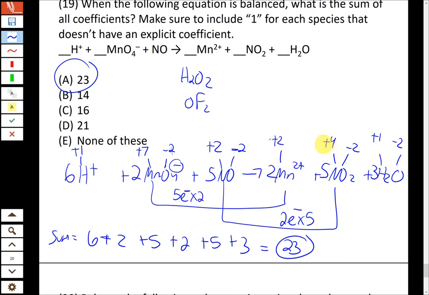So the sum of the oxidation numbers in anything that has more than one atom in the formula equals the overall charge, which would be 0 if it's a neutral molecule like NO or NO2, or some non-zero number if it's a polyatomic ion like MnO4-. So definitely review that part of the notes if you're unclear, because that's going to be an important part of doing any of these balancing redox equations problems. Okay?